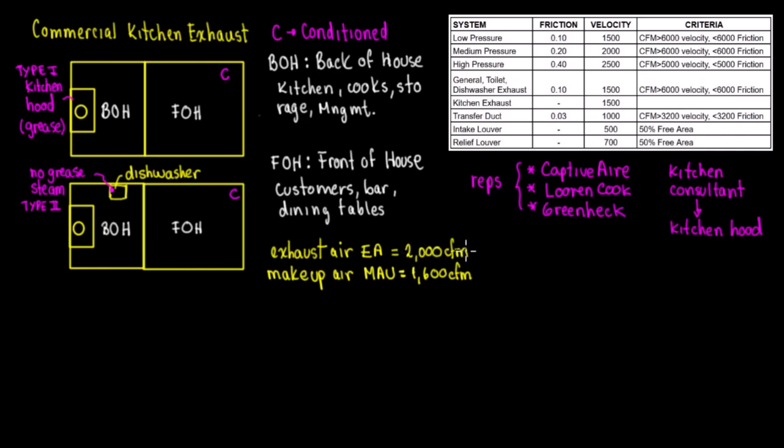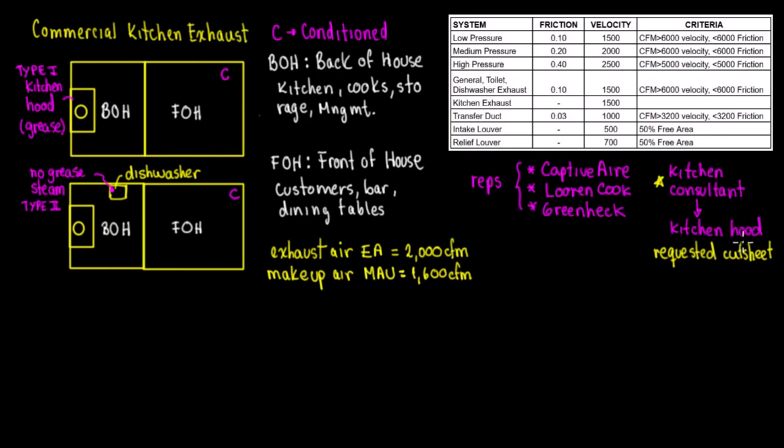And again, how did you get your 2000 CFM? Because you, as an HVAC designer, sent an email to the kitchen consultant and requested the cut sheet of the kitchen hood.